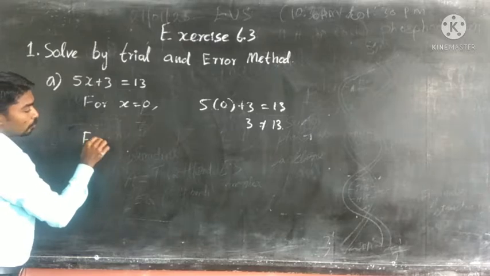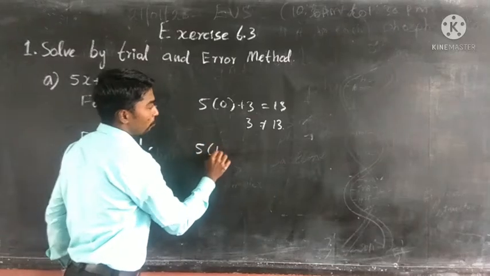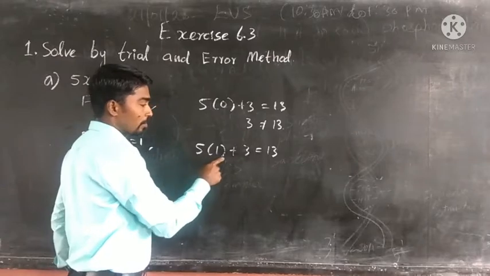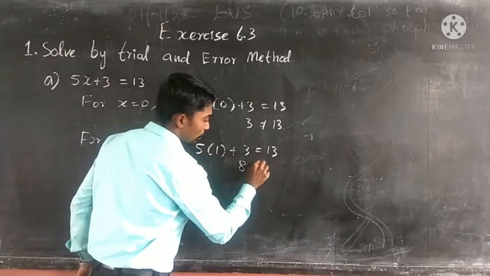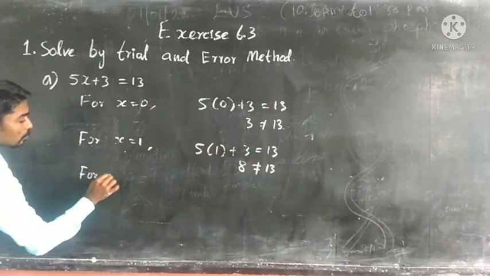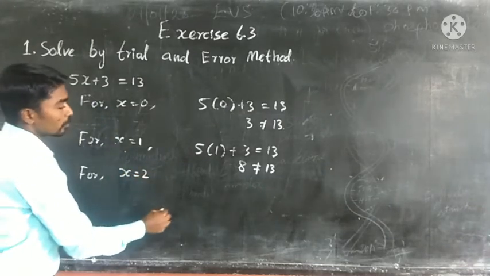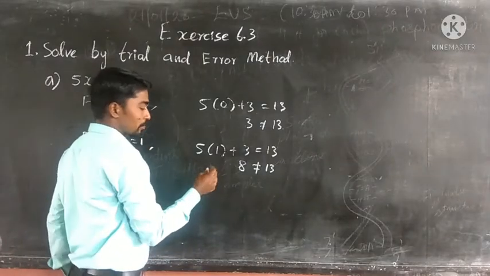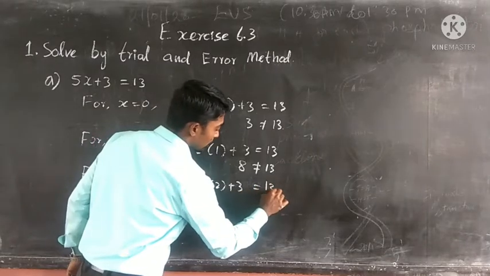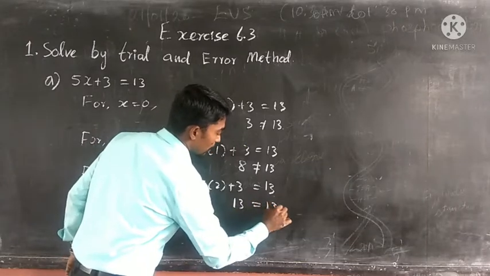Now substitute 1 for x. x is equal to 1. 5 of 1 plus 3 is equal to 13. 5 ones are 5, 5 plus 3, 8. 8 not equal to 13. For x is equal to 2, substitute 2 in place of x. 5 of 2 plus 3 is equal to 13. 5 twos are 10, 10 plus 3, 13. 13 is equal to 13.